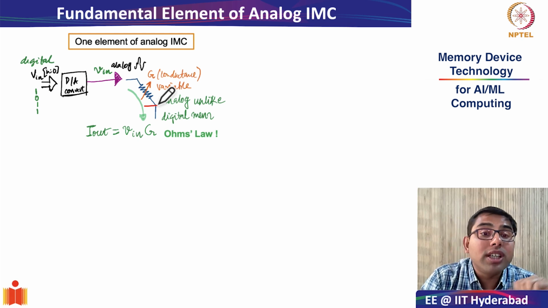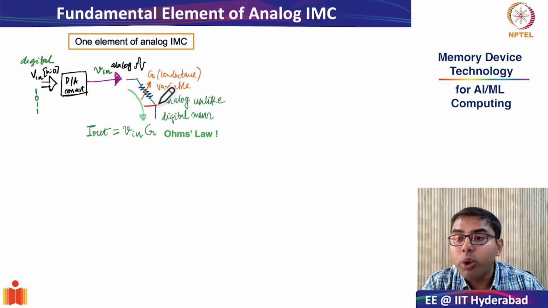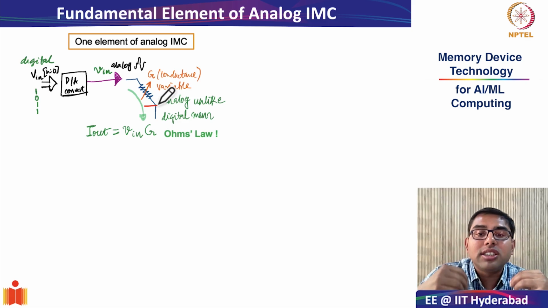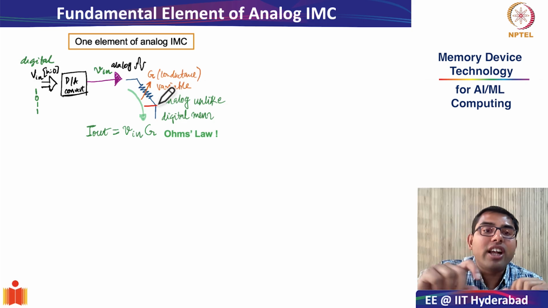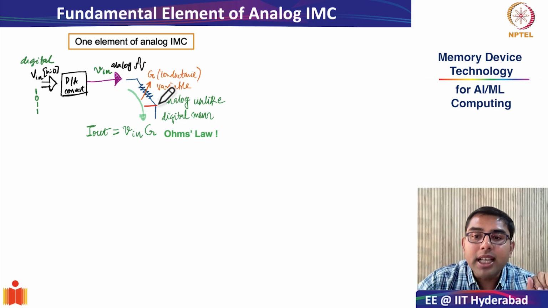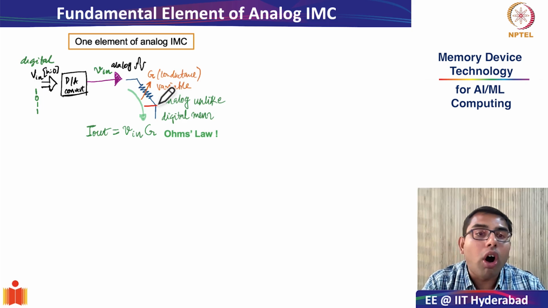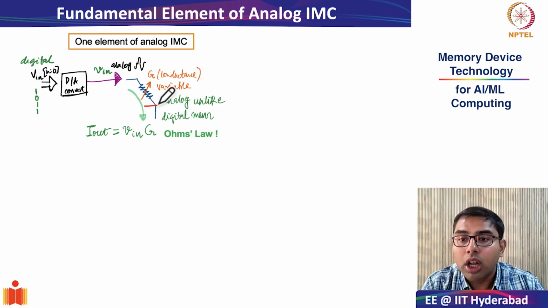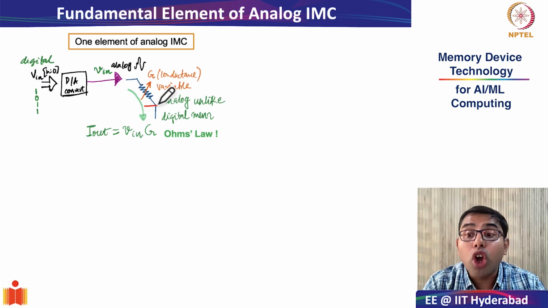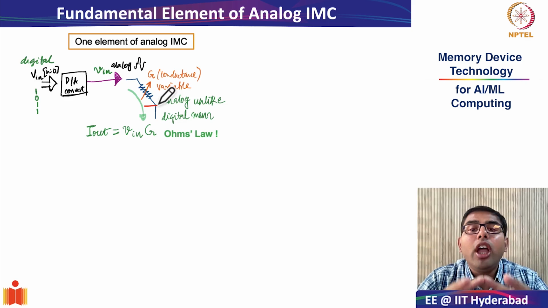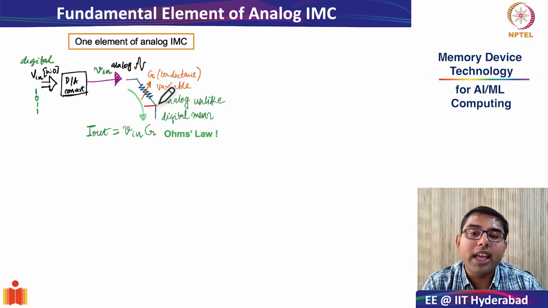Instead, it stores a conductance value that I have indicated with the value G. And it's not just a simple conductance value, it is a variable conductance value. Means you can gradually tune the conductance of this particular resistor to represent multiple non-volatile resistor states. And that is what is at the core of analog in-memory computing.